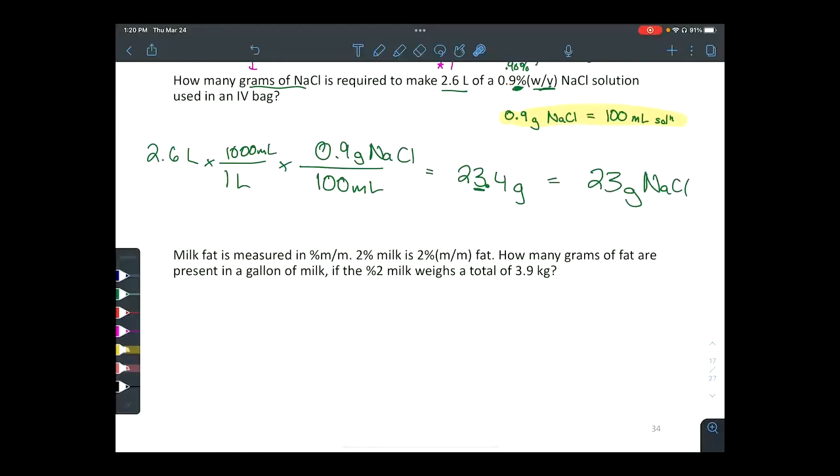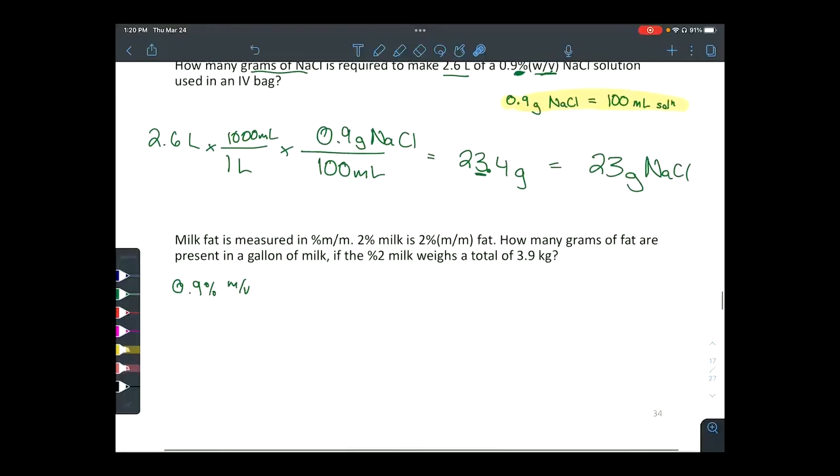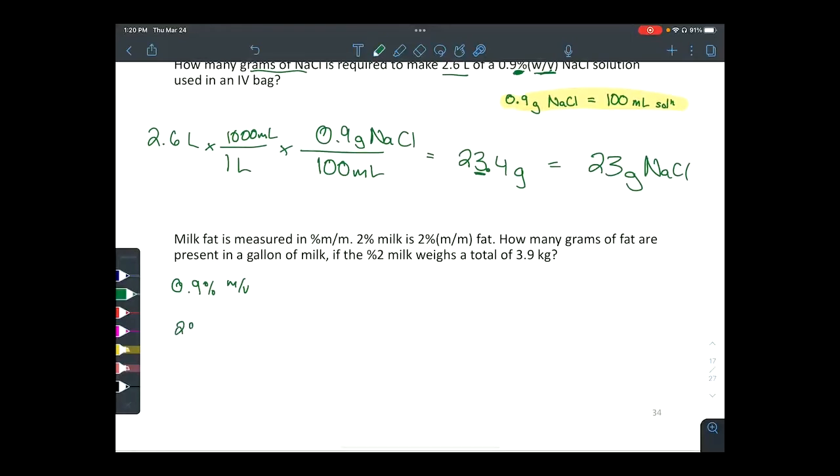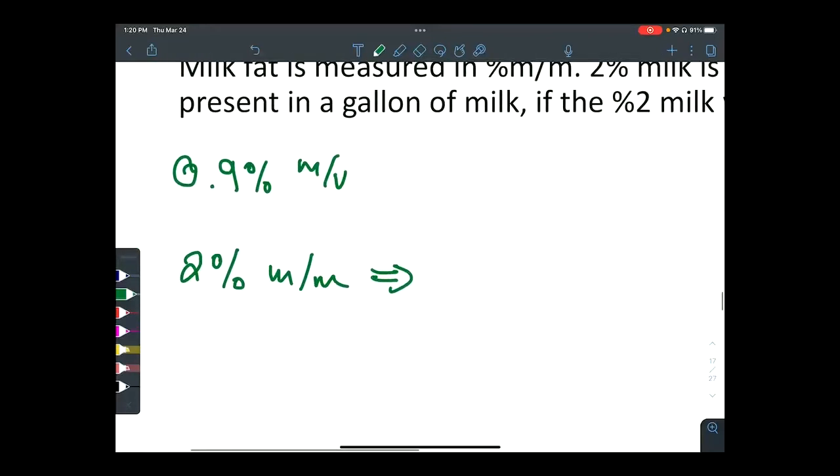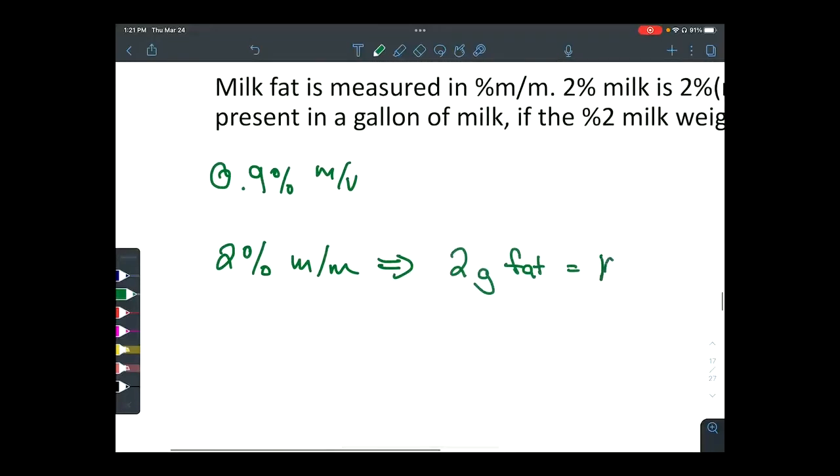Just like when we said 0.9% mass over volume is equal to 0.9 grams equals 100 milliliters, if we do the same thing here, 2% mass over mass means it's 2% fat. The solute in this case is fat. So 2% here means that 2 grams of fat equals 100 what unit?